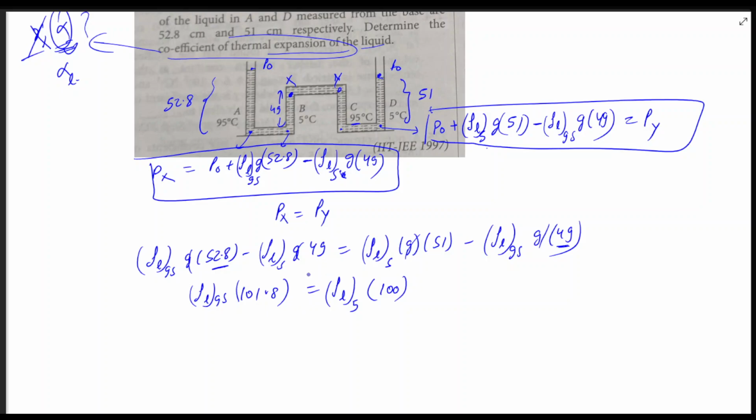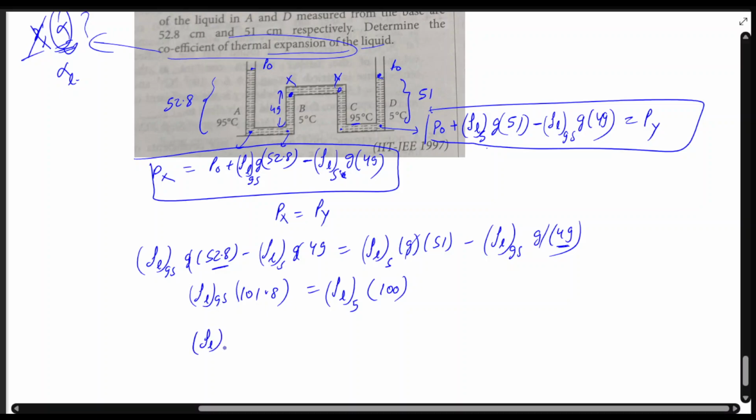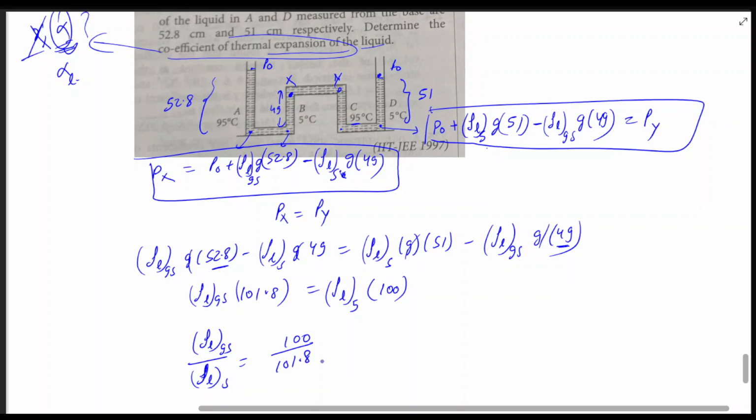Okay, perfect. So what we have to find is rho of liquid at 95 divided by rho of liquid at 5, which is 100 divided by 101.8. So as temperature increases, density will definitely decrease.